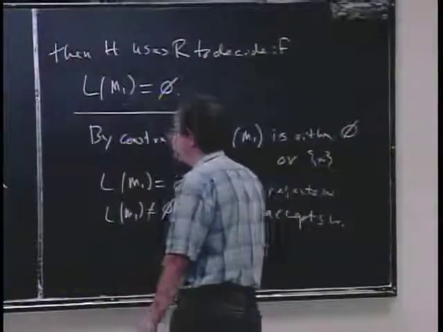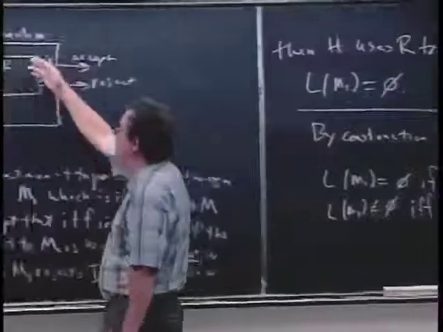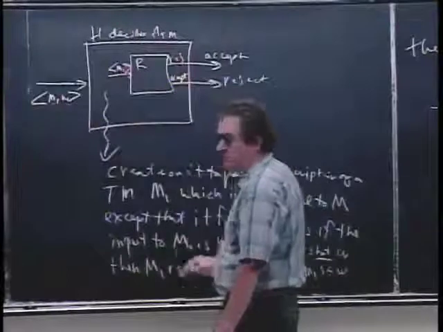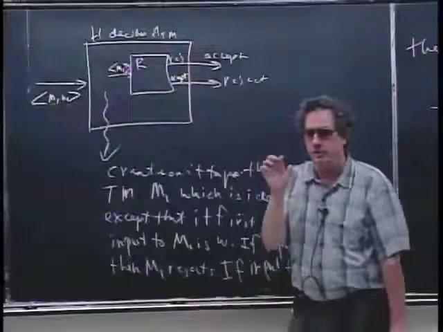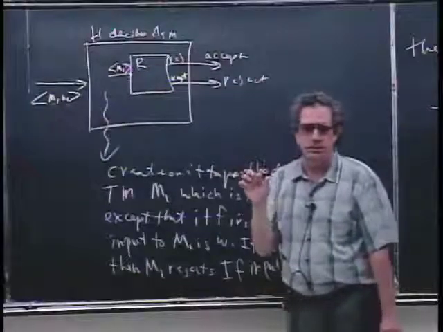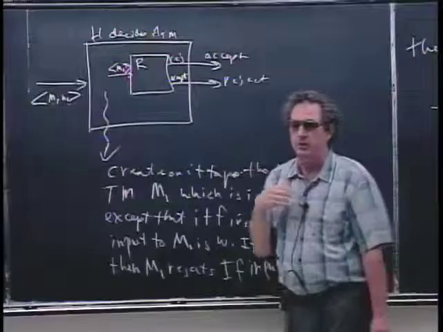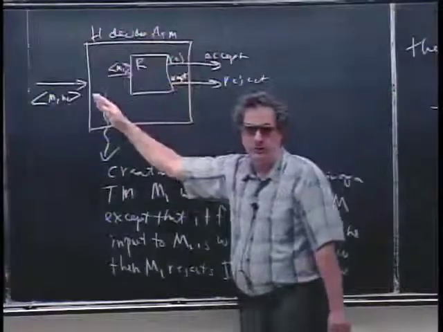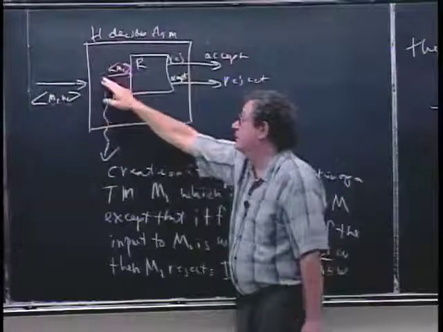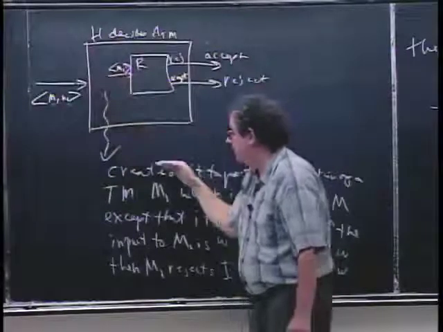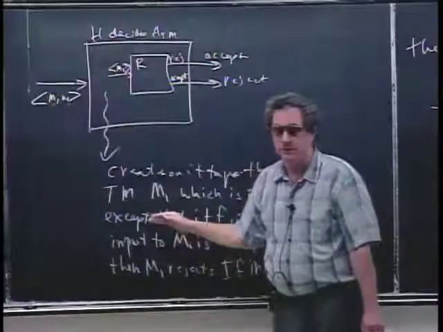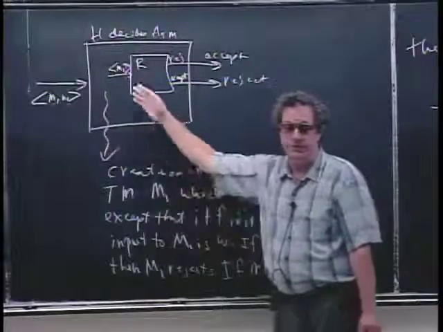So the consequence is that now we've described this H that can do this. Now you have to be clear on who's doing what. We, the humans, are describing what H looks like. But inside, we also have to prove that really this creation of a Turing machine M1 and so on is something that a Turing machine can do, because H is a Turing machine.